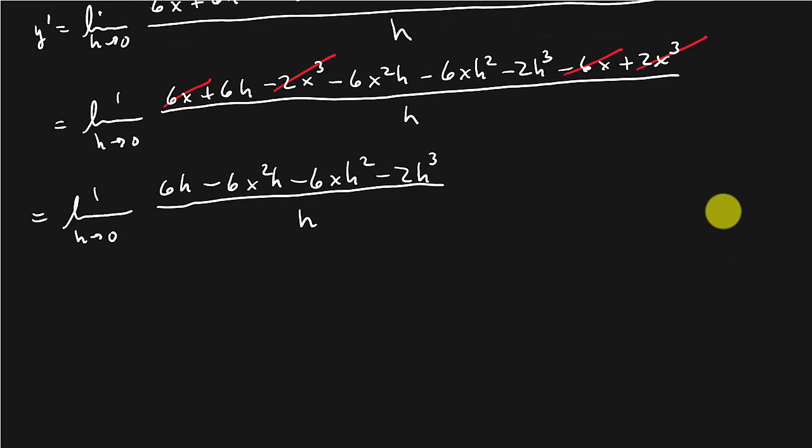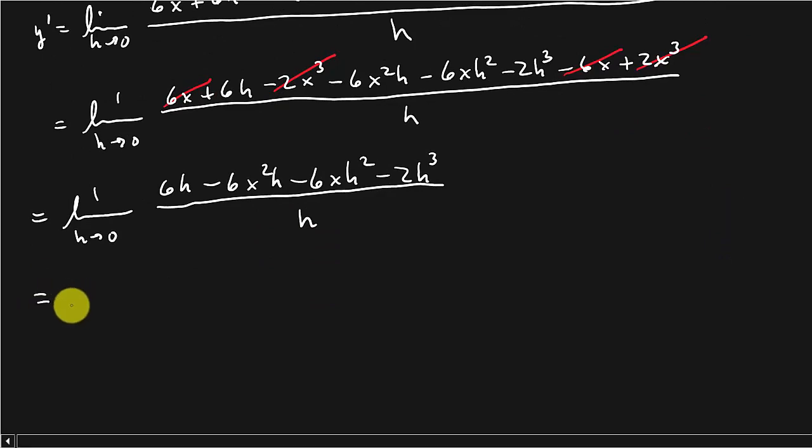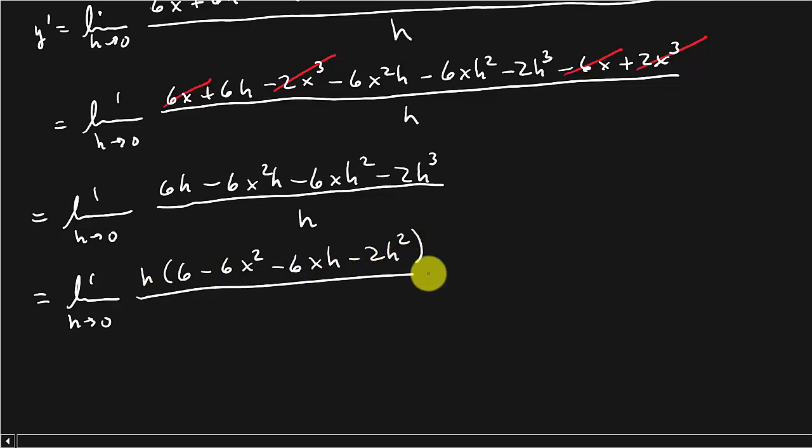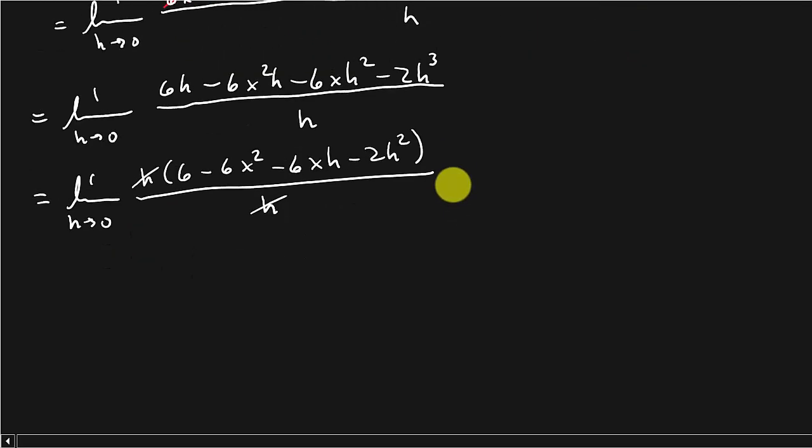All right, so look at this. We've got the limit as h goes to 0. I can factor out an h: h times 6 minus 6x squared minus 6xh minus 2h squared, all that over h. And the h's cancel.